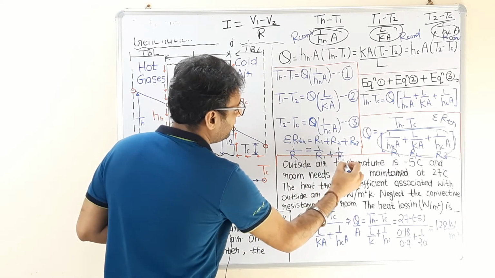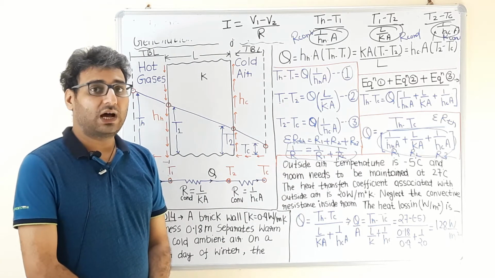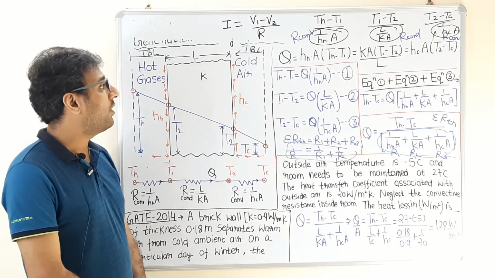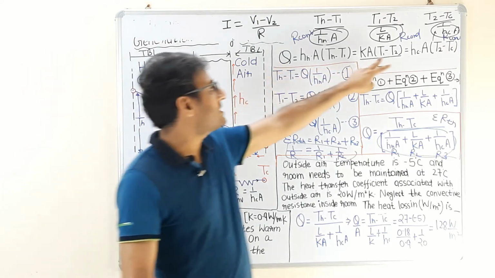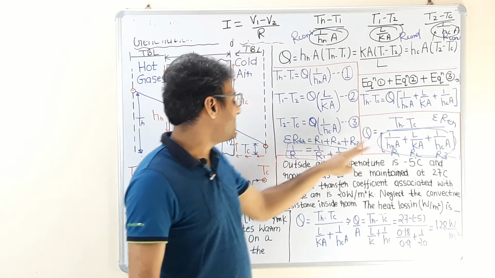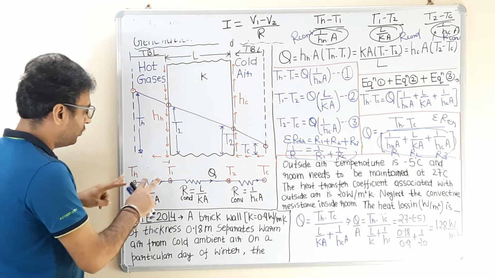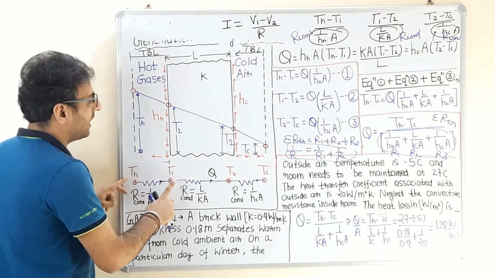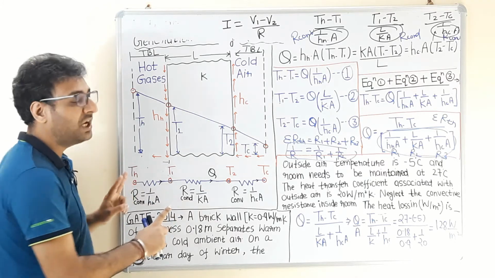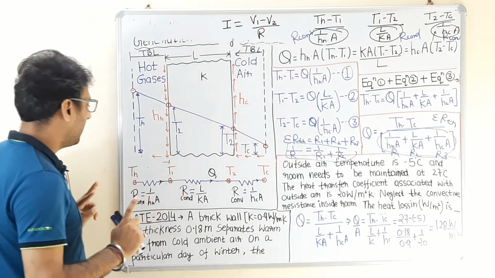Now consider the formulas to determine the heat transfer rate in the system. First of all consider these three equations and finally this equation. If we compare this with the electric circuit, we can find that if we are choosing 2 points, 2 temperatures in the electric circuit, then we need to consider all the resistance between these 2 points.